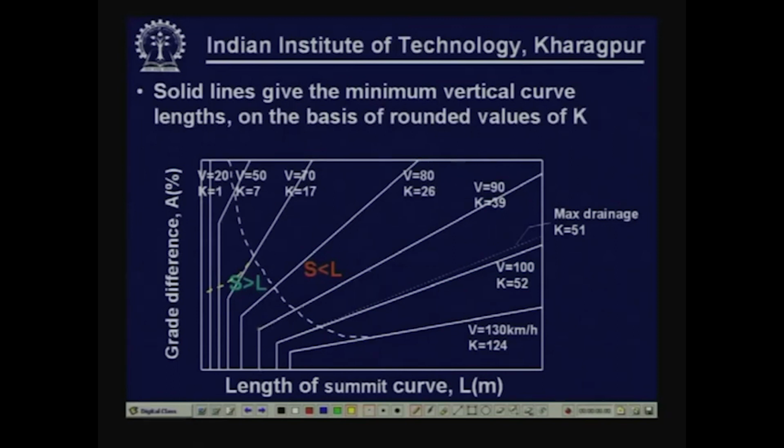This total curve represents the required length of curve for that particular design speed. So, these terminal adjustments are made and then this S less than L portion is extended to meet the extended vertical lines. That way this whole exhibit is developed.